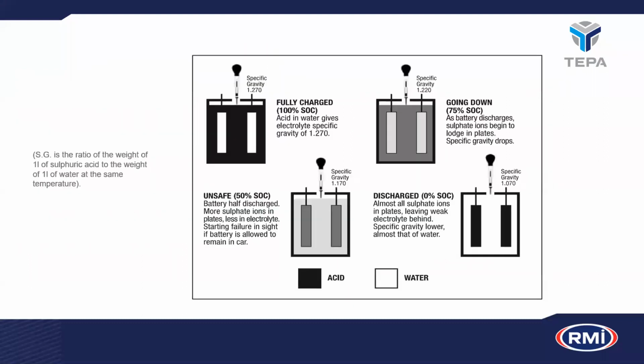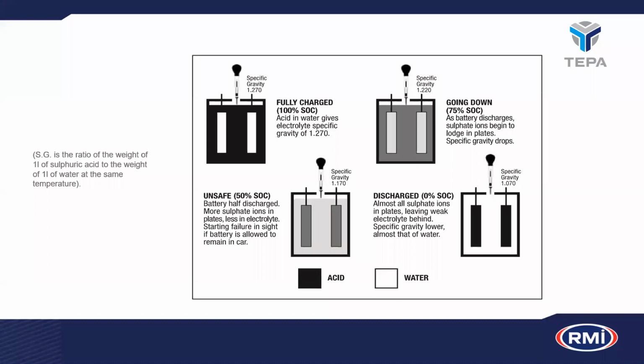Talking about specific gravity, and specific gravity is the ratio of the weight of 1 liter of sulfuric acid to the weight of 1 liter of water at the same temperature. So what it means is that when your battery is fully charged, you would have 1.27 value of acid to water in the battery.